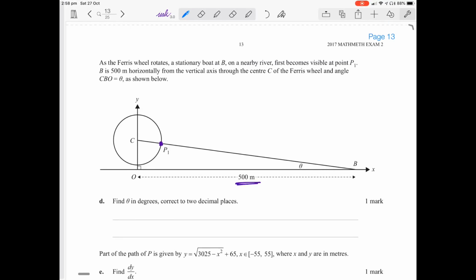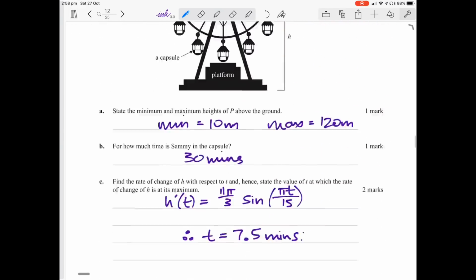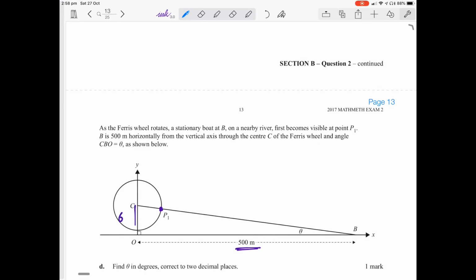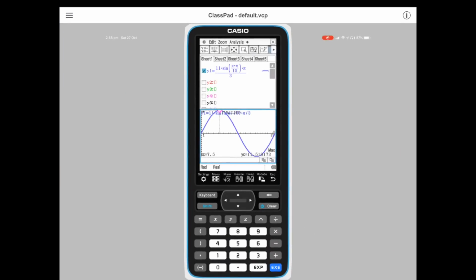Obviously we know what the center is because I worked that out before. That's 65. So we know tan theta is 65 on 500. Therefore, theta in degrees, two decimal places. So tan inverse.